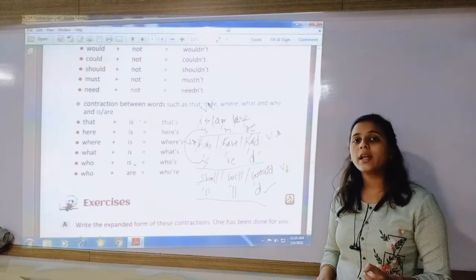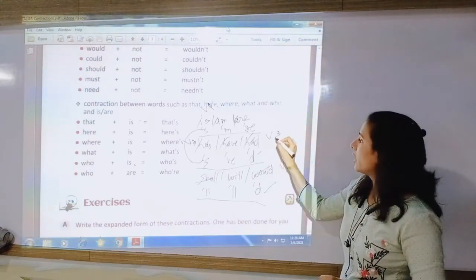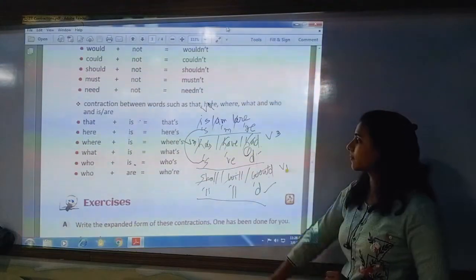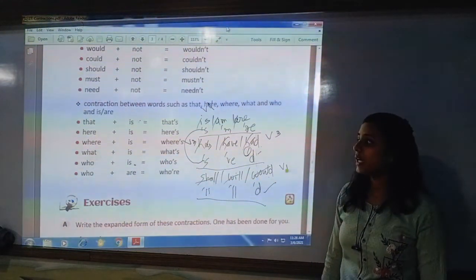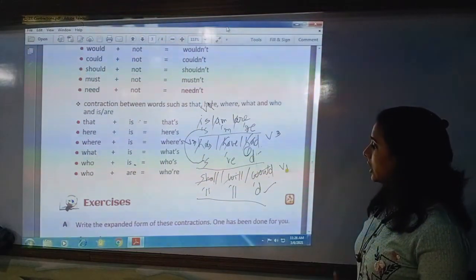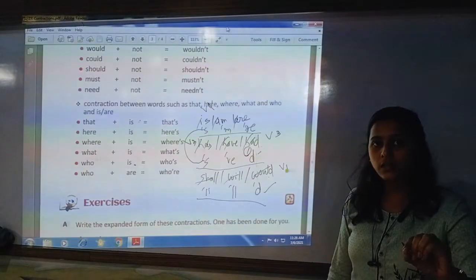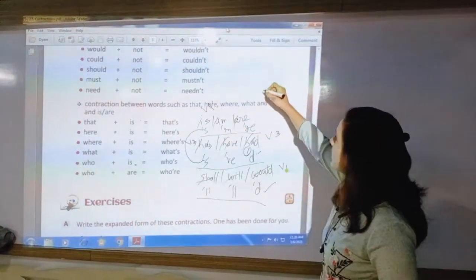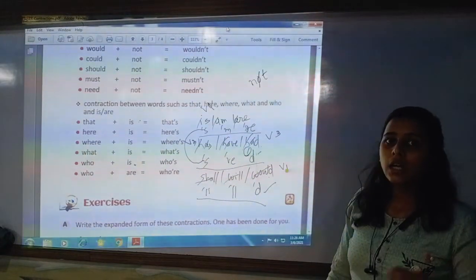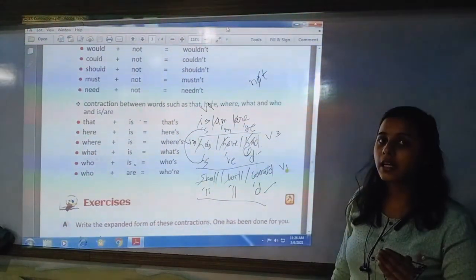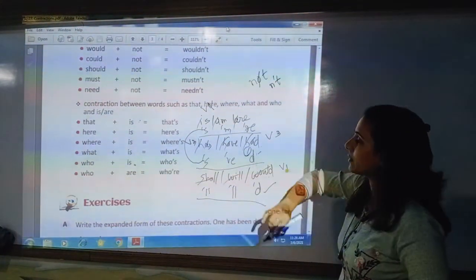And where you eliminate the letter or letters, at that place you will put an apostrophe. Clear? So this is the rule of contraction. Lastly, when the contraction is given with not, in not you will remove the middle letter or second letter. At that place you will put an apostrophe.